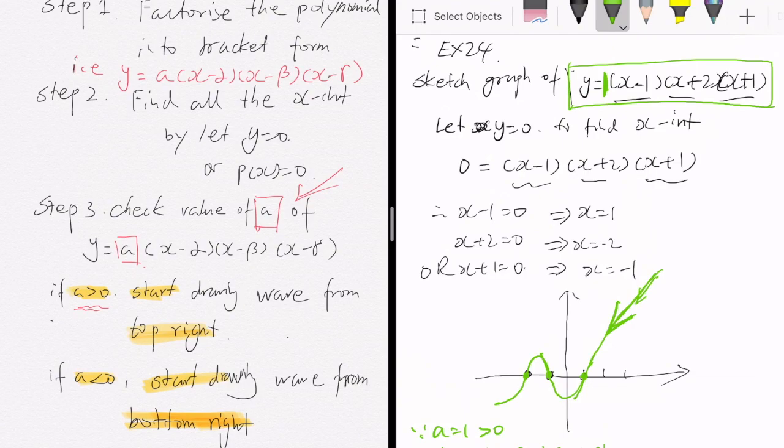Your question said you do not need to give the coordinates of the turning points. We know there is some turning point here, and some turning point over here or somewhere else, it isn't necessarily on the y-axis, so we don't need to draw that. Roughly your graph is done, this is it.